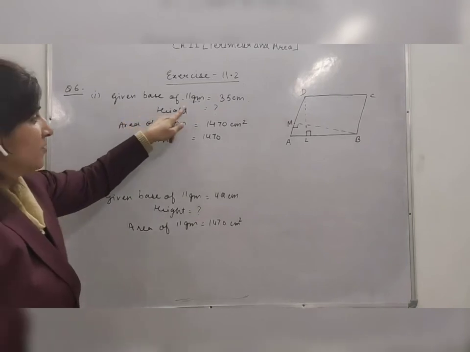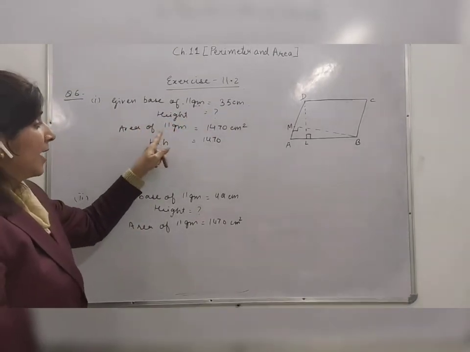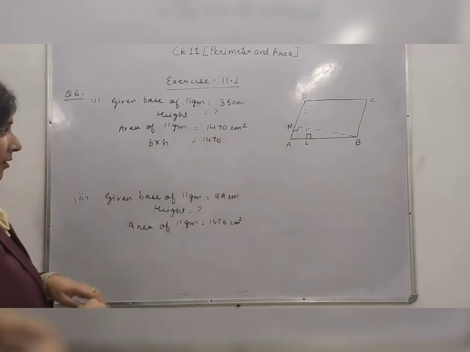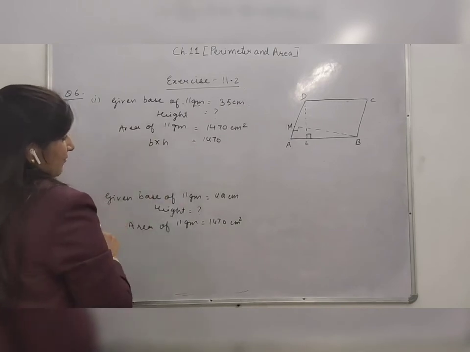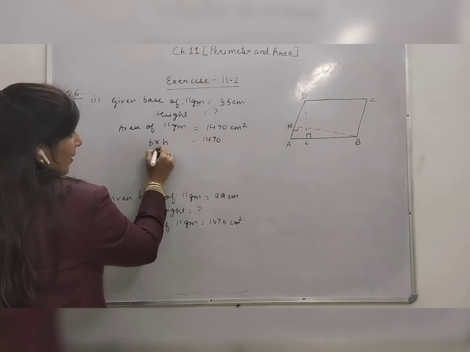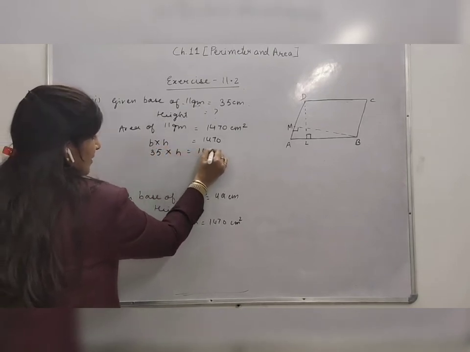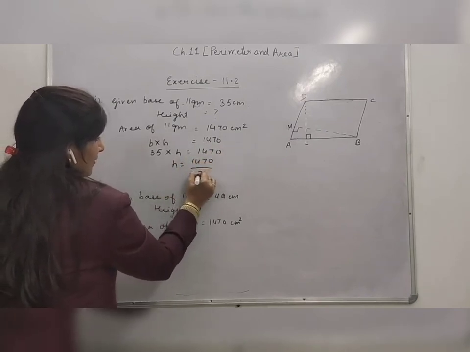Given base of parallelogram 35 centimeter, height we need to find out. Area of parallelogram is given to us, that is 1470 centimeters square. So height is very simple to find out. Base into height equal to 1470, so we'll apply the value of base here. 35 into h equals 1470, and then h is 1470 by 35.